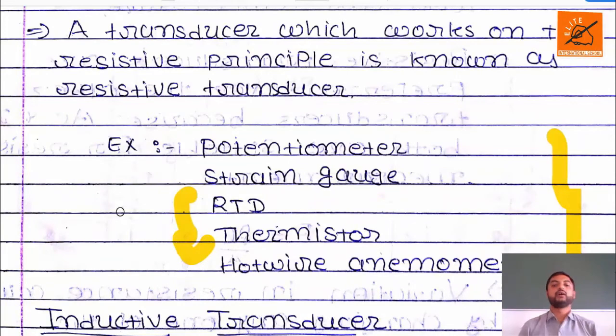These resistive transducers change their resistance when they are under the impact of temperature. We have seen that in 12th science only. Clear? So whenever there is a change in resistance, you can say the measured quantity can be changed accordingly.